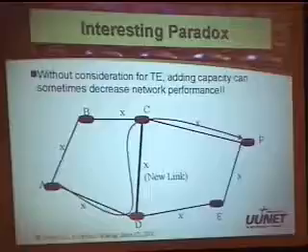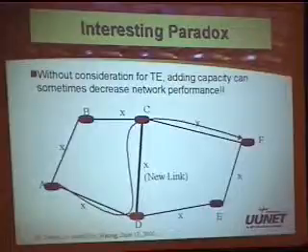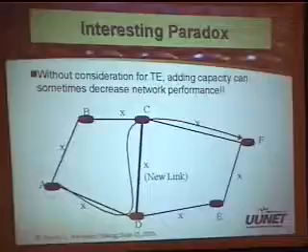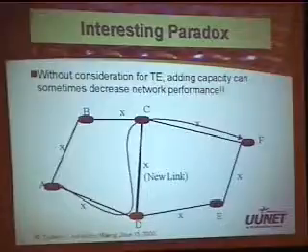Therefore, you're going to get congestion in C, in D, because all the traffic from A will now have to pass through the A to D link, which is a very low bandwidth link. So adding capacity without understanding the traffic engineering issues can indeed degrade your network performance.